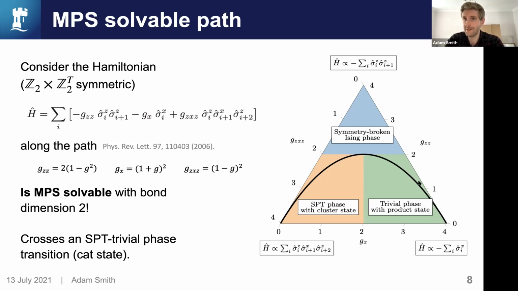These will actually be a larger class of free fermion models that I'll be looking at. So yeah, this whole diagram in some sense is all solvable. But we have this special MPS-solvable path. Free fermion solubility does not necessarily imply this MPS solvability.